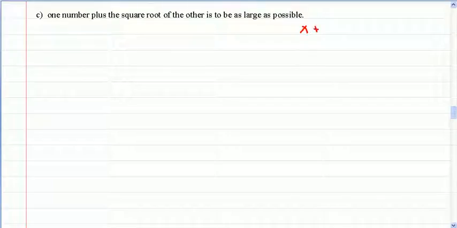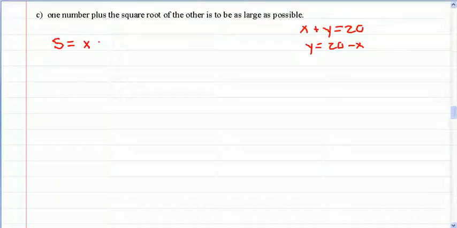So we will need x plus y equals 20. And I'm going to go ahead and write this as y equals 20 minus x. And if I translate this sentence, one number plus the square root of the other. So since we're adding, I will write this as the sum equals, or just s equals, one number plus the square root of the other.